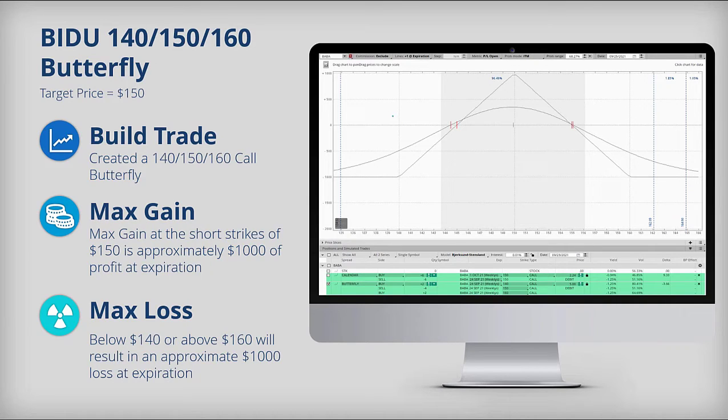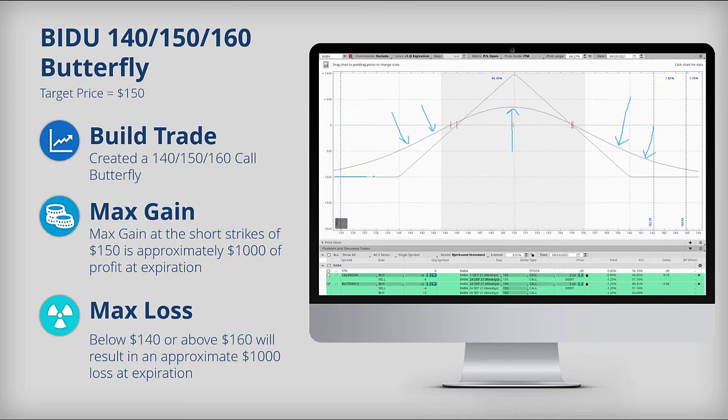Now, this line right here in the middle is what's called the over time line. This is going to show us what's going to happen in the next day or two. If we close this out in the next day or two, this is what the estimated line is going to be with no changes in volatility.